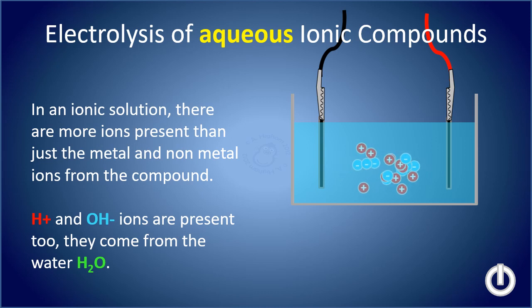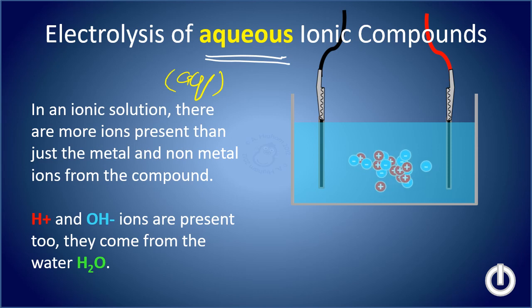One of the more tricky questions that they may ask, it's not really tricky, but there's a little bit more to remember, is this idea of aqueous ions. Aqueous just means that we've dissolved them in water. You would recognize aqueous by the little AQ behind the ionic compound. So it could be sodium chloride, AQ.